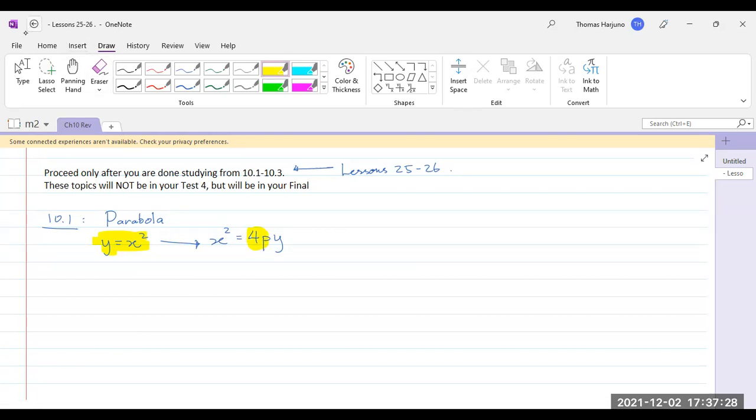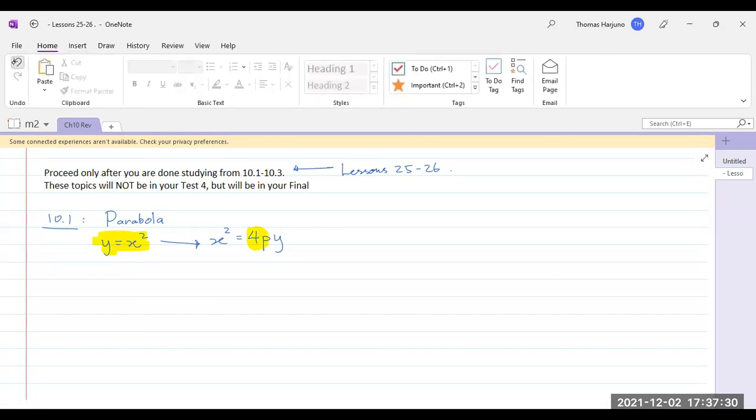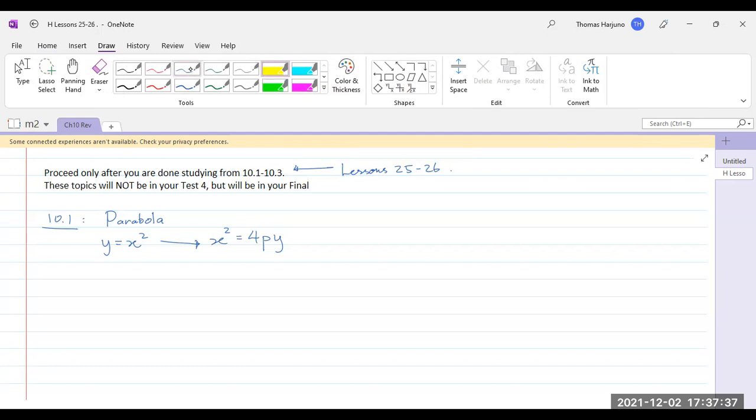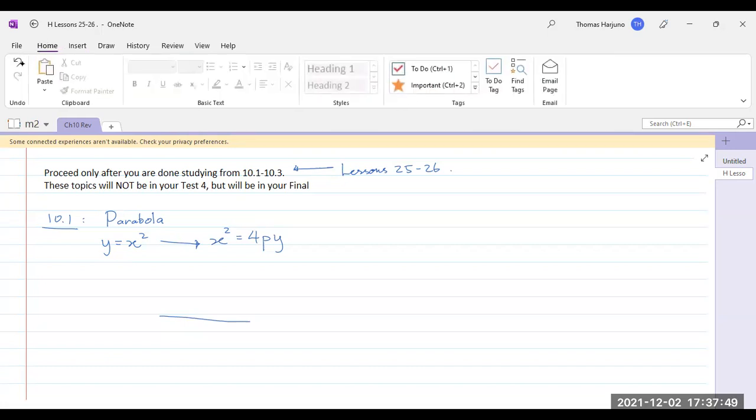Now, I think the focus will be this. Why do we want to deal with this situation? Because that p actually gives us extra information. This parabola will look like an open-up parabola.